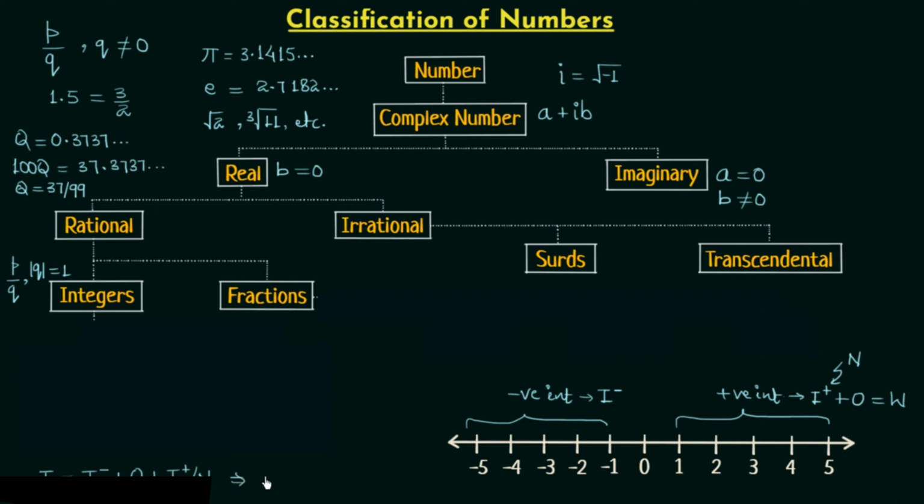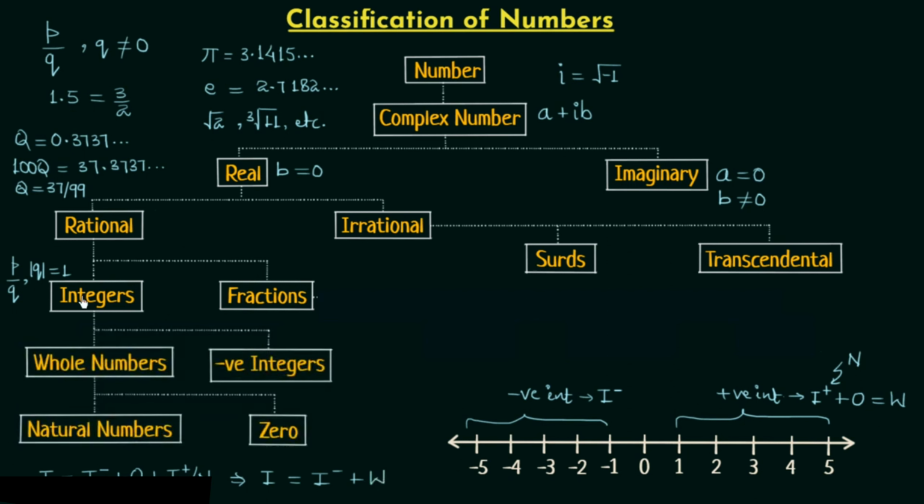This means integers will be negative integers along with whole numbers. And the same thing we have here. Integers are classified as whole numbers and negative integers, and whole numbers are classified as natural numbers or positive integers and 0. So I hope you now have an understanding of all these numbers.